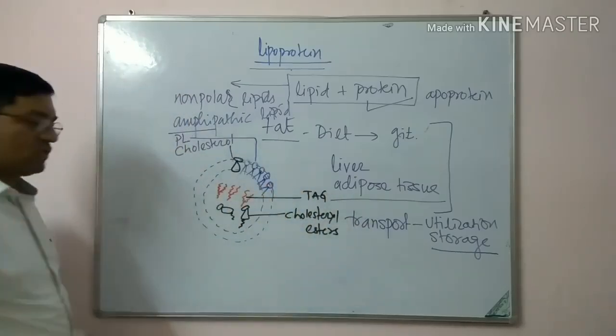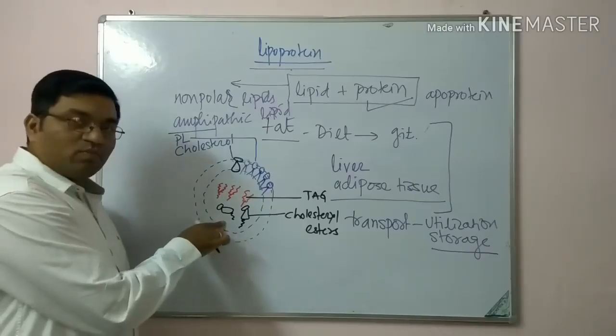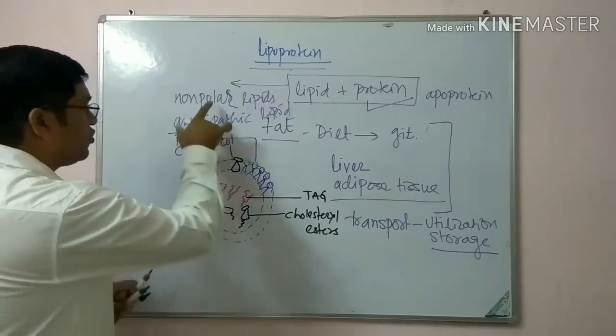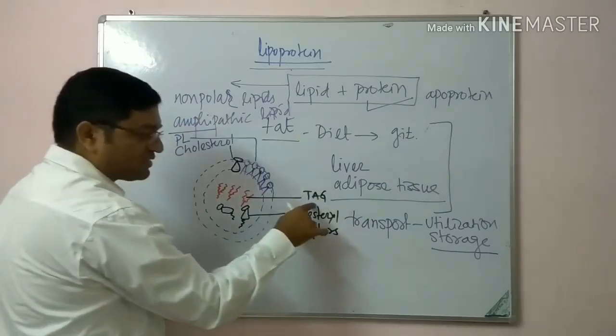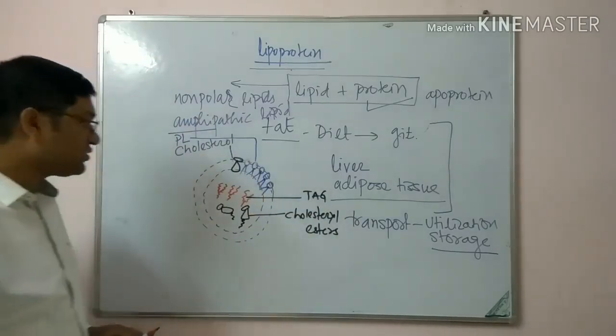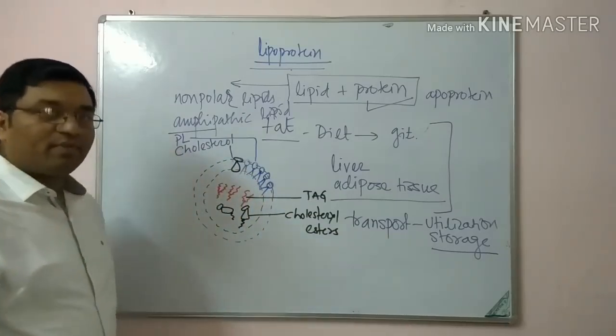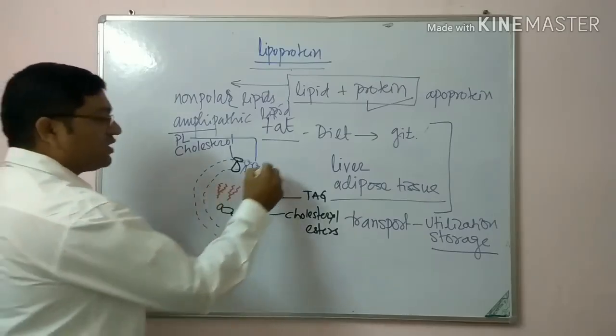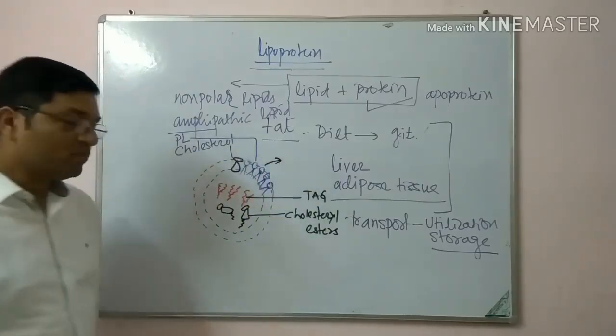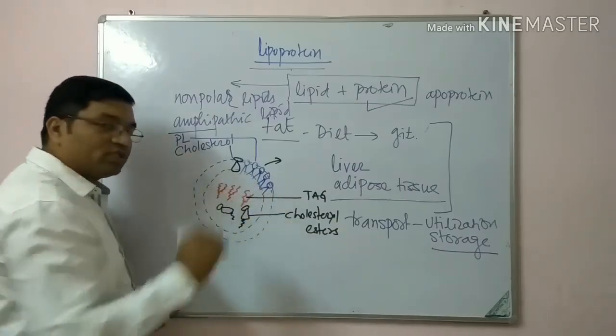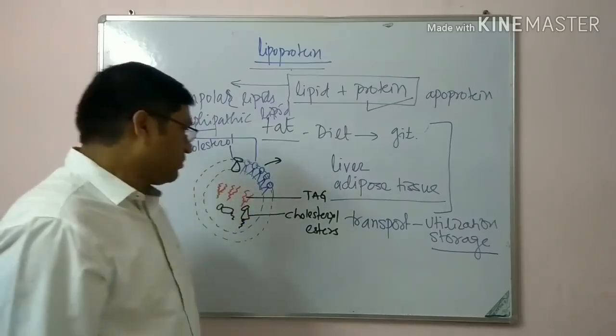This is triacylglycerol. So this is the inner core of lipoprotein, which is made up of non-polar lipids, that is triacylglycerol and cholesterol esters. Then the outer monolayer is made up of amphipathic lipids with the polar end towards the outer side, that is in the aqueous medium, and the non-polar ends toward the core of the lipoprotein.